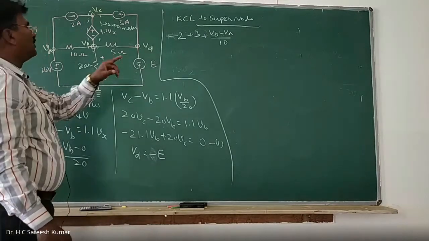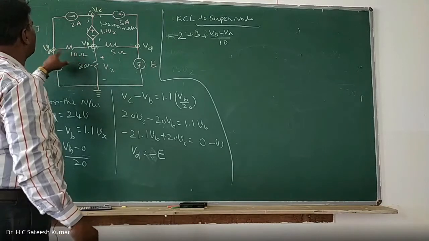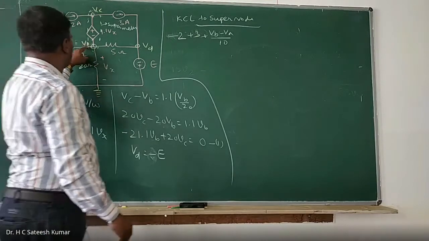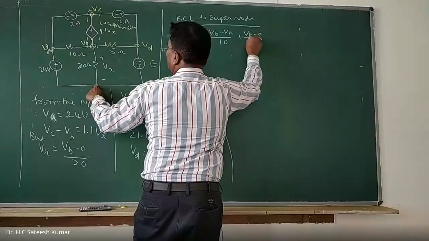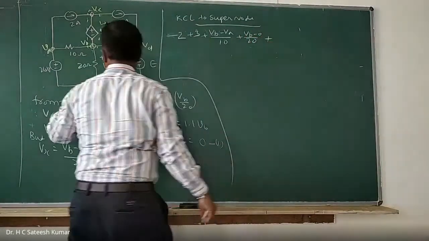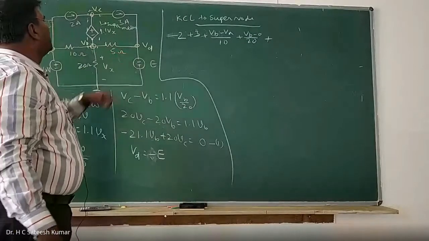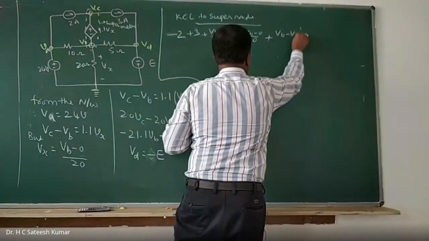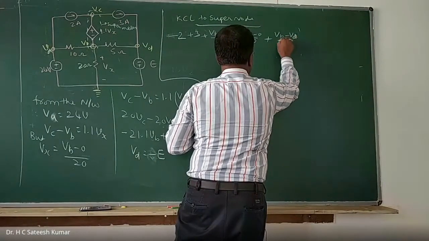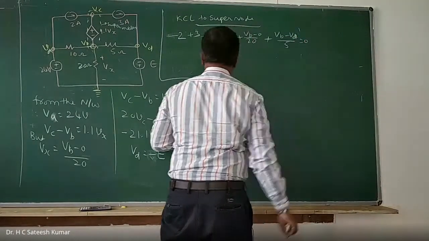Okay. (VB minus VA)/10 plus (VB minus 0)/20 plus (VB minus VD)/5 is equal to 0.